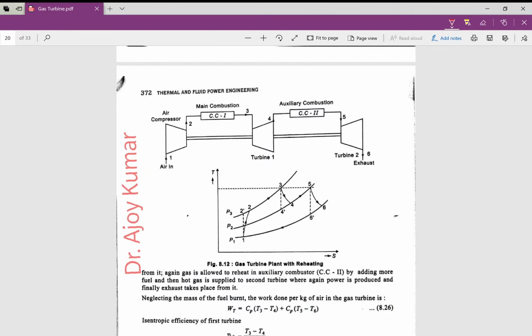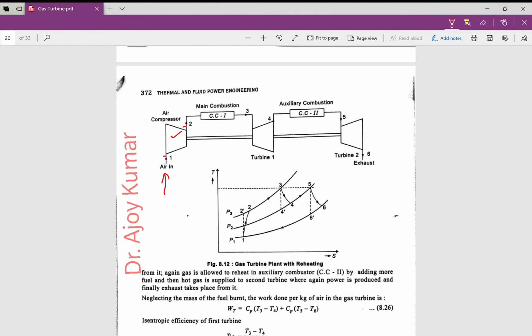Here is a layout of gas turbine with reheating. Here we have, as usual, a compressor which takes air from atmosphere, compression taking place from point 1 to 2, that is shown on this TS diagram.